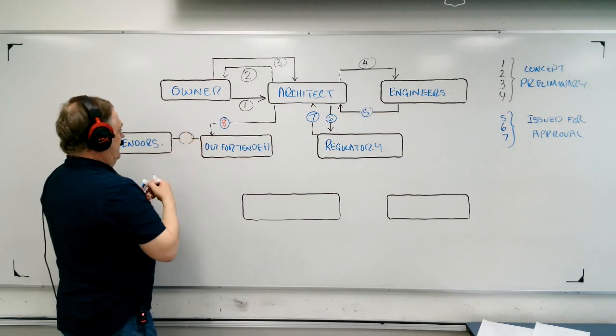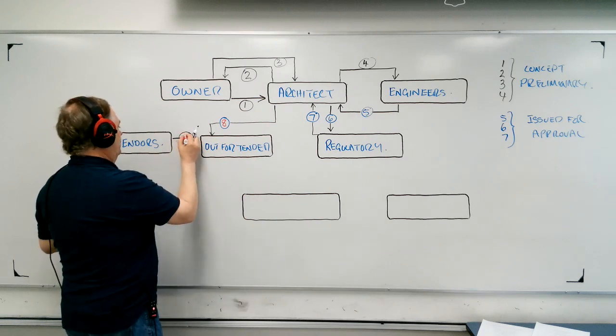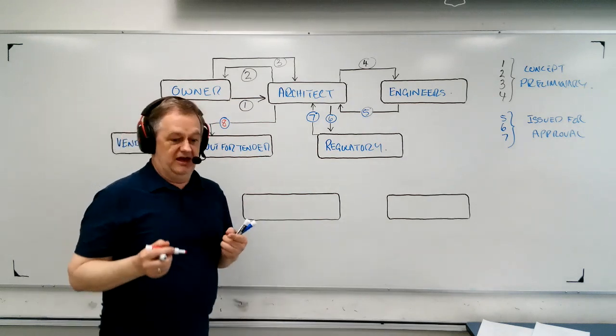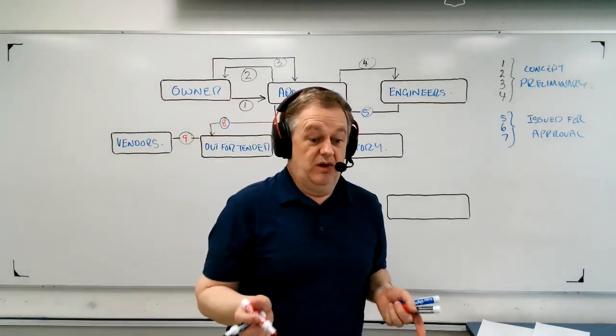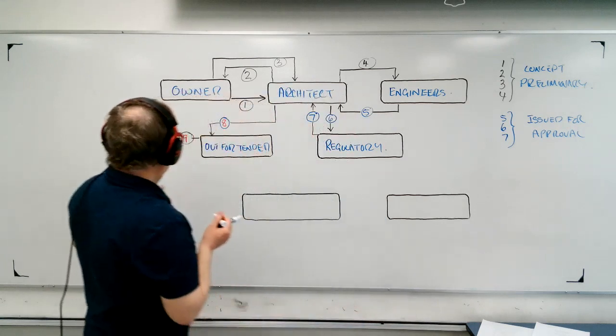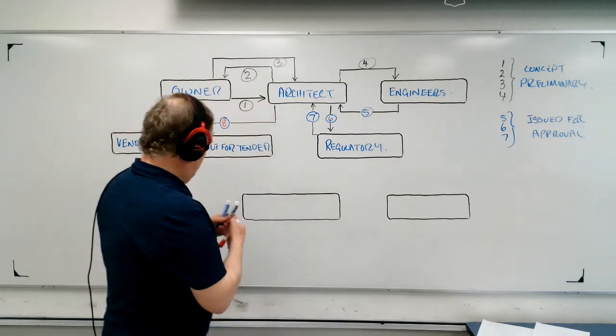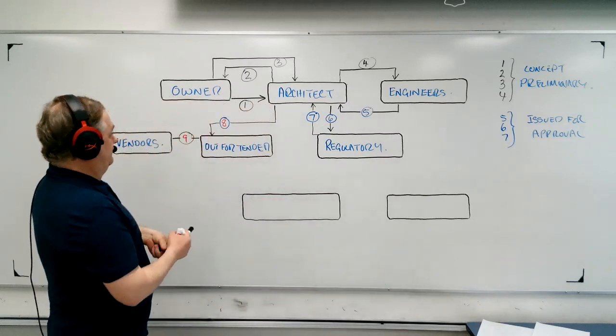So the next step then is that step number 9 is that the prints are sent to the vendors so that they can bid on the equipment. And there's something else very interesting that's required at this time, and it's this.